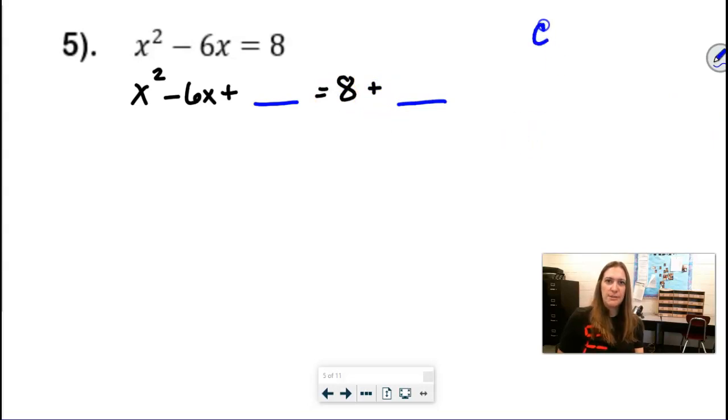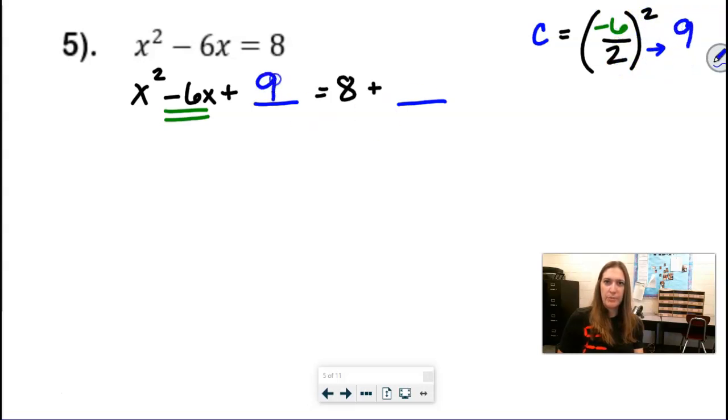So the blank, which we call C, is, remember, half of B. So here's B. Cut that in half and then square it. So, again, calculator or brain, this is -3 squared. This comes out to a 9.